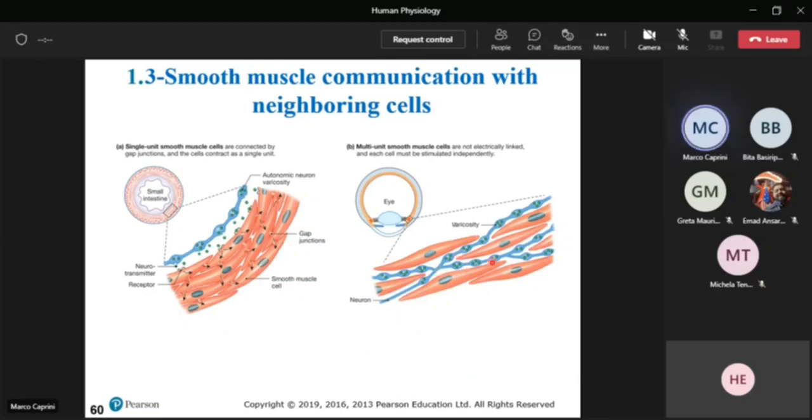I would like you to notice that each individual muscle cell is closely associated with a varicosity, with an axon terminal with the varicosity. So this cell here can be contracted only because the neurotransmitter is released here. They contract independently. They must be stimulated independently.